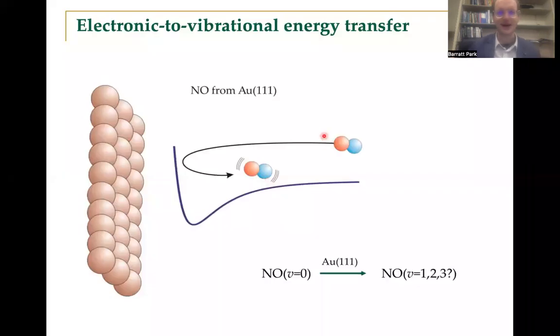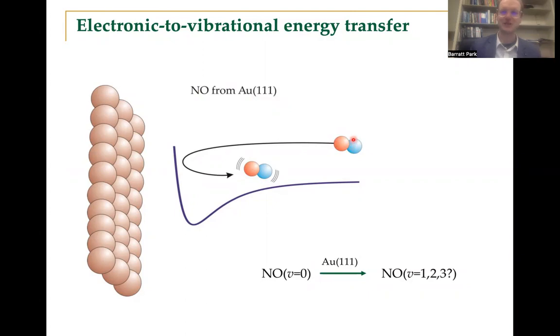Okay, so next, we'll consider one other type of energy transfer, and that is energy transfer between the electronic degrees of freedom of the surface to vibrational degrees of freedom of molecules. And so the example that we'll consider is diatomic molecules, NO, scattering again from the gold 111 surface.